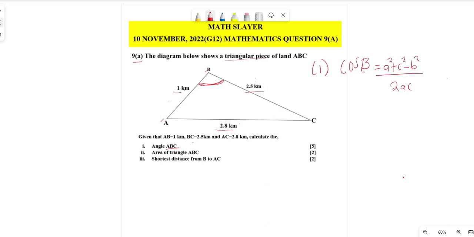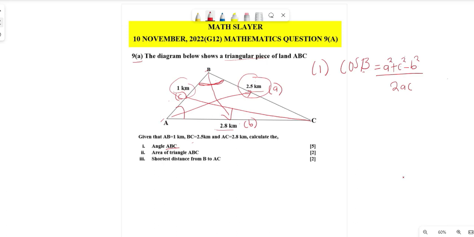The side opposite to angle A is small letter a, the side opposite to angle C is small letter c, and the side opposite to angle B is small letter b. So where there is a small letter a, we'll put 2.5 kilometer, where there is a small letter c, we'll put 1 kilometer, and where there is a small letter b, we'll put 2.8 kilometer.